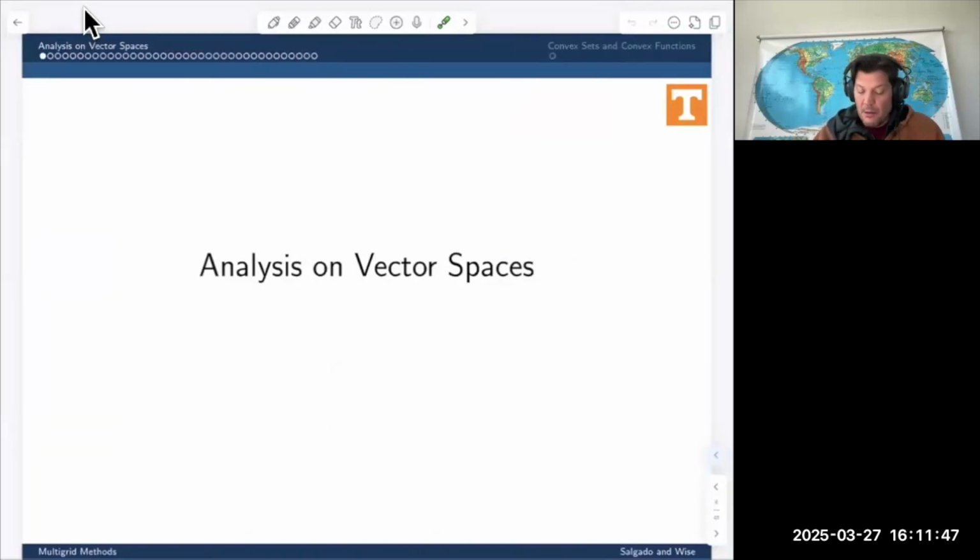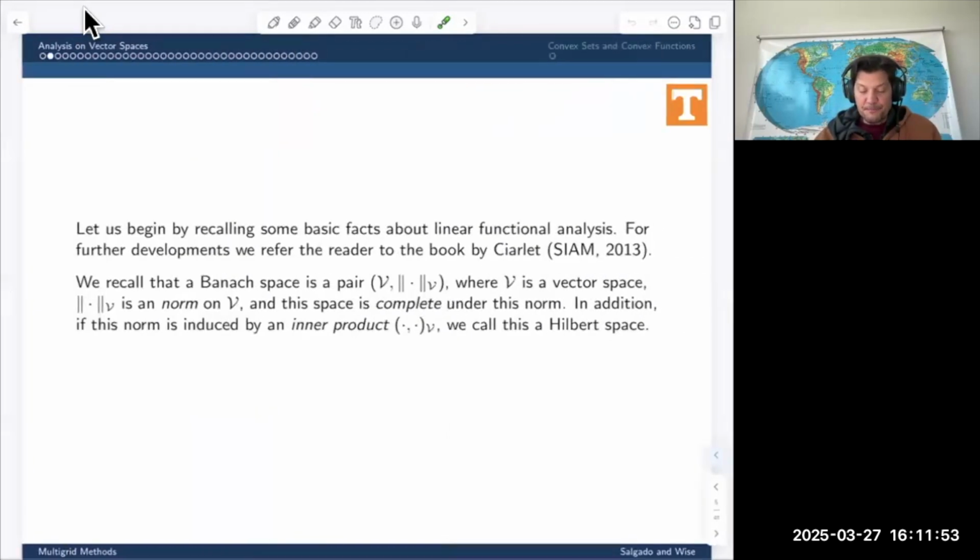All right, let's talk first, in this first section, about analysis on vector spaces. I'm going to refer a lot of our proofs to this book by C.R. Lay from 2013. It's a nice SIAM book that many of you have seen. It's basically a book on linear functional analysis, though it has some nonlinear functional analysis in there as well.